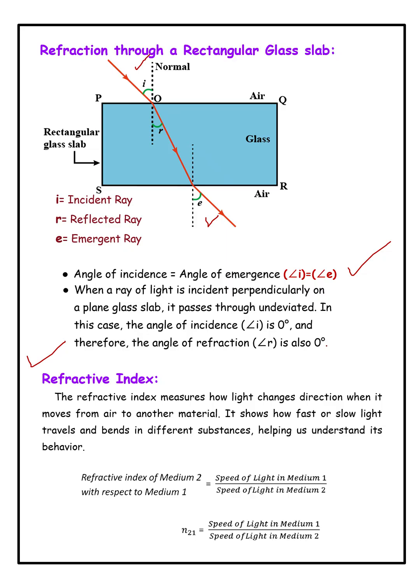The refractive index of medium 2 with respect to medium 1 is equal to the speed of light in medium 1 divided by the speed of light in medium 2. And vice versa, the refractive index of medium 1 with respect to medium 2 is the speed of light in medium 2 divided by the speed of light in medium 1.